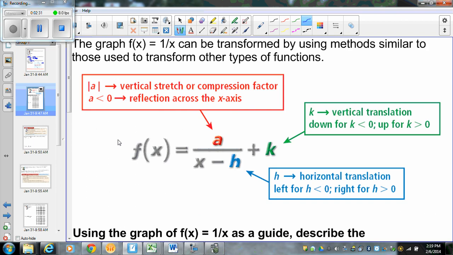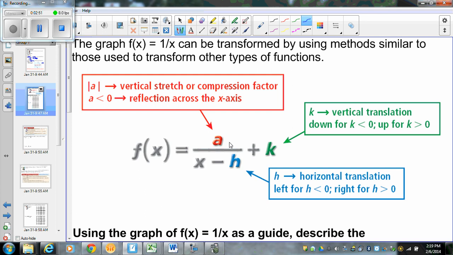So the first thing that we're going to talk about is transformations of rational functions. You can take the graph f of x equals 1 over x and you can transform it the same way that we've transformed lots of other types of functions over the last several years. Instead of 1 over x, you could put some sort of constant a up in the numerator.